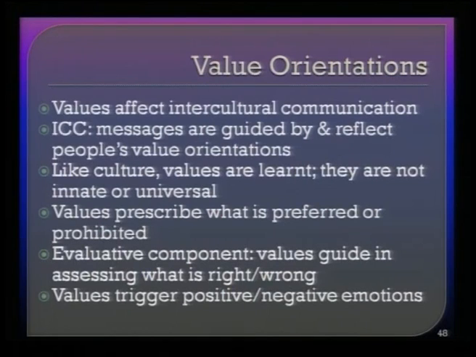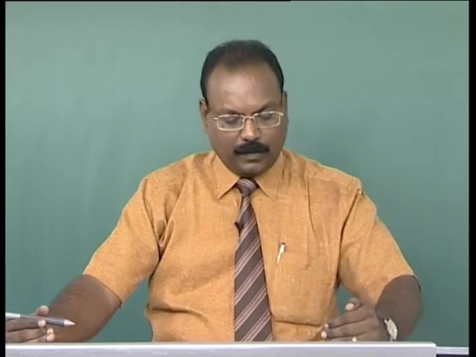One culture tells this is what is preferred in our values, and another culture says no, this is prohibited, and again vice versa. There are certain things which are universally preferred, universally prohibited in most of the cultures, but cultures vary and accordingly they vary the preferences and prohibitions.